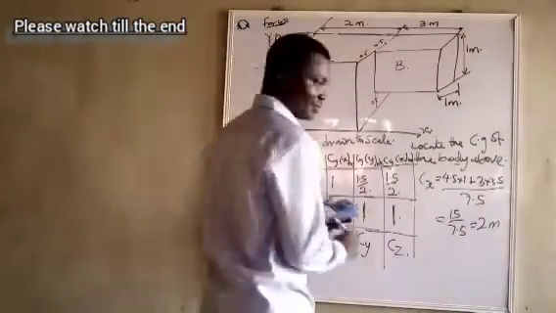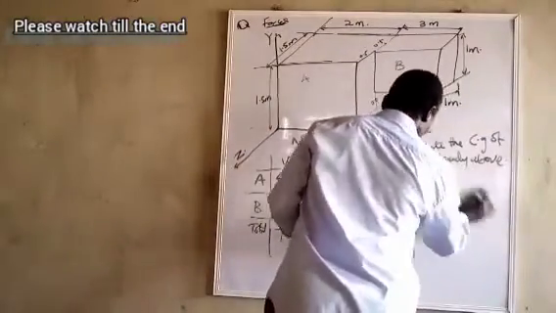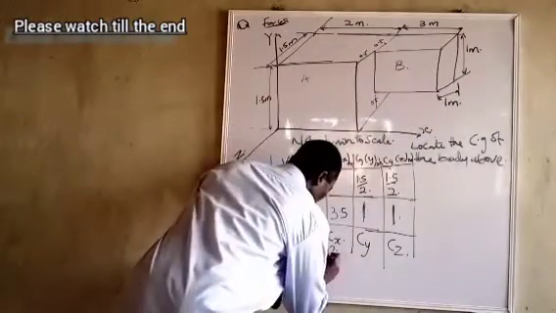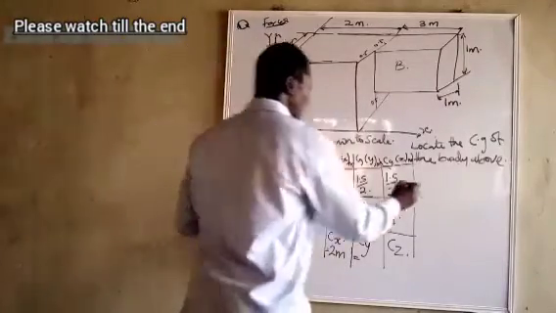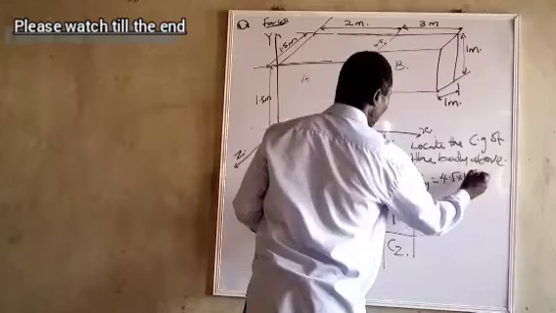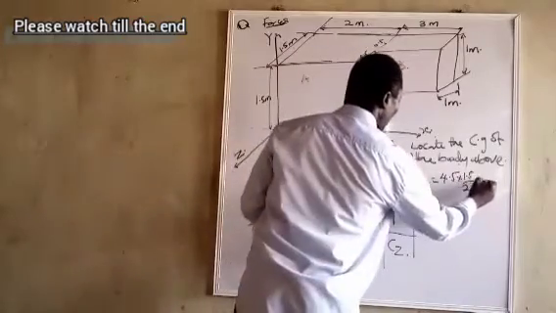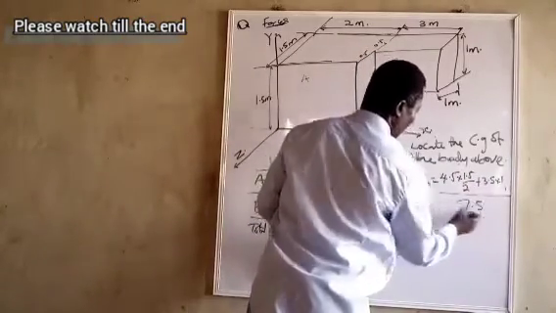For the y, we are going to have it like 4.5 times 1.5 over 2 plus 3.5 times 1 over 7.5. So let's work this out.